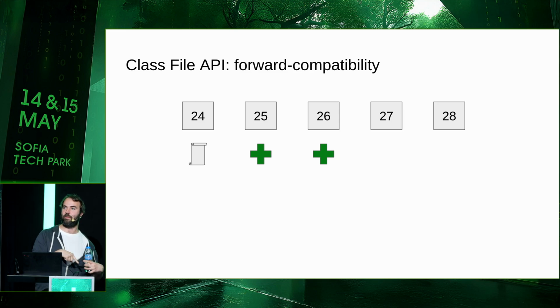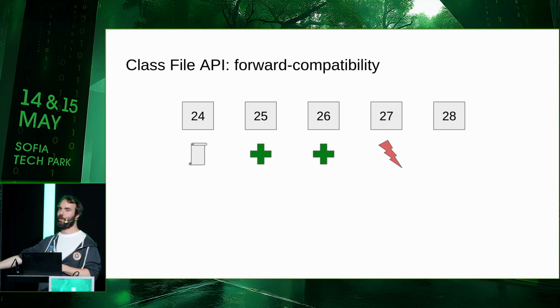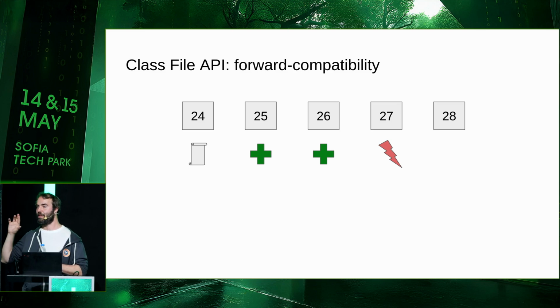If I implement the bytecode processing myself, I cannot be sure. I will see Java 25, I've never seen this, I don't know what to do. I will have to fail because bytecode errors are hard errors, and will crash the JVM in the worst case, right? Only if Java 27 now introduces value types, something new, only then is there an actual change in the class file format. And then you will have to update Mockito to allow addressing that.